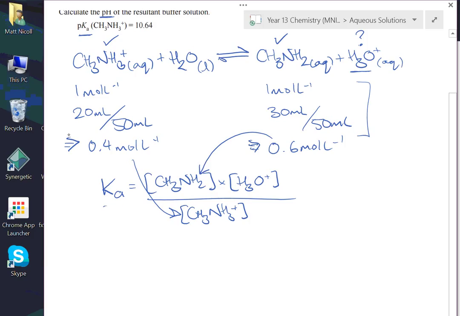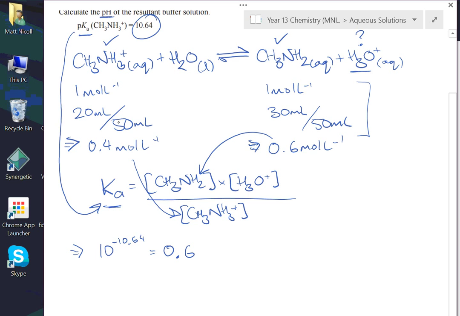What about the Ka? Well, in the question I was given pKa, so I can take that value and I can use that to rewrite this equation as well. So I've got 10 to the power of -10.64. I know that's not good maths, but for me I like that. It's nice and easy for me to put into my calculator.